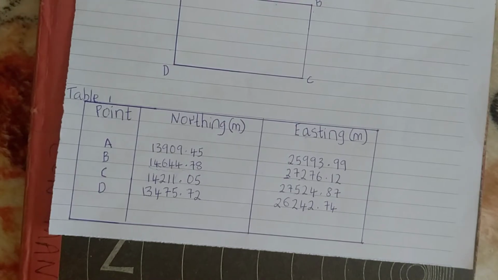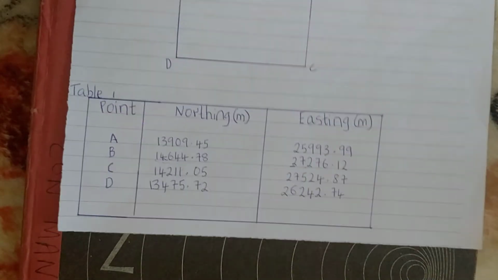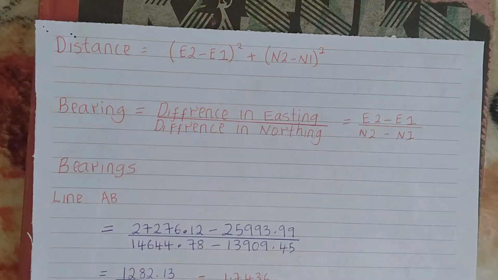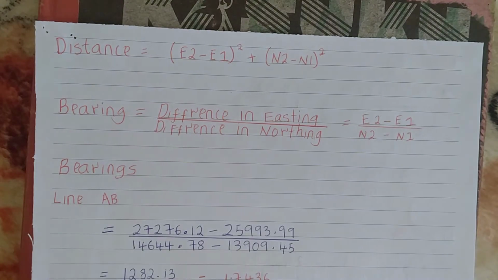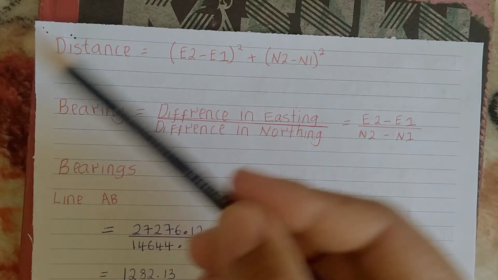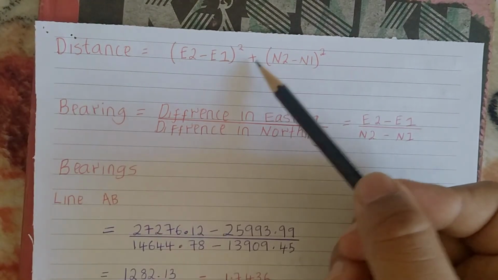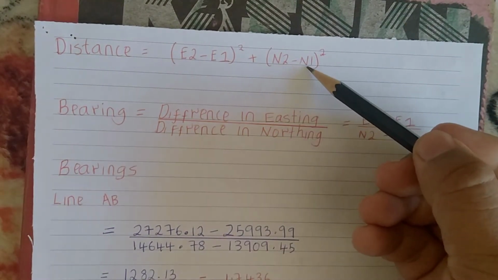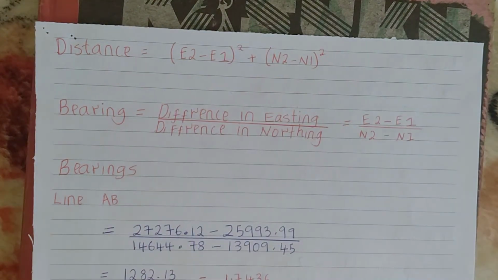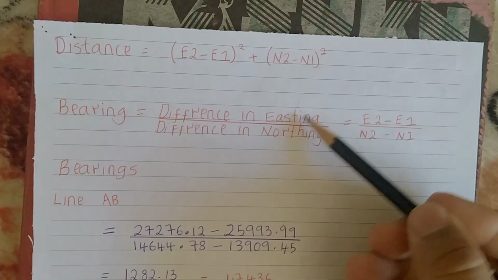So if you want to calculate the bearing, it is equal to the difference in eastings over the difference in northings.